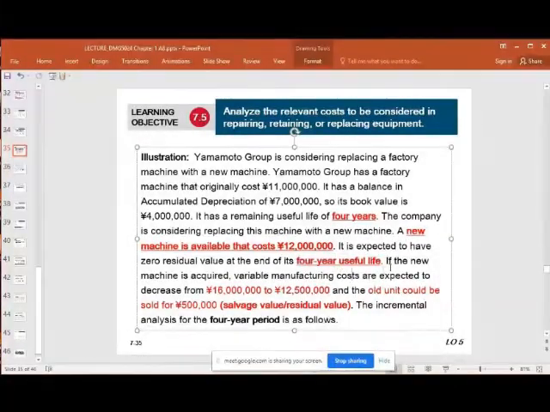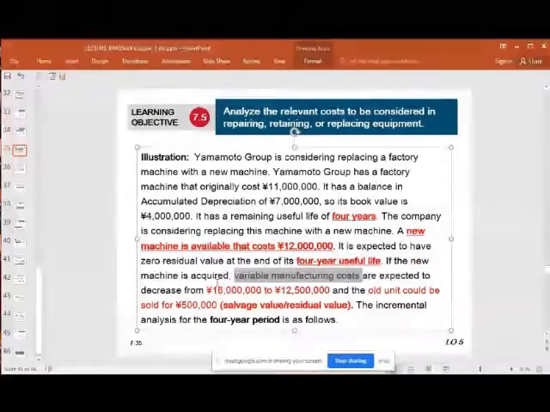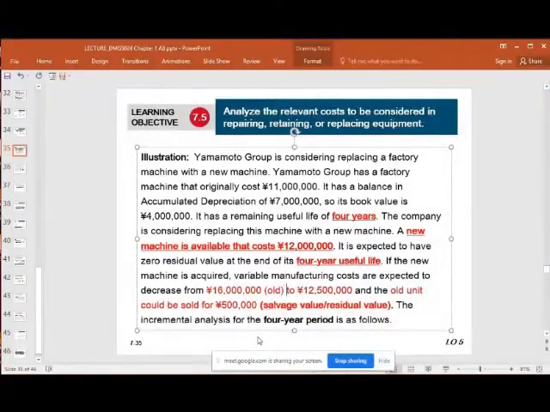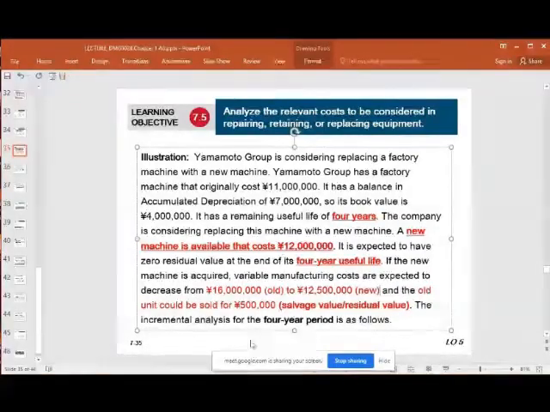So it says that if the new machine is acquired, variable manufacturing cost is expected to decrease from 16 million. So that means 16 million is from your old machine, to 12.5 million for your new machine. But this is only for 1 year. 16 million is only for 1 year, so you need to times 4. 12.5 million also only for 1 year, so you need to times 4.